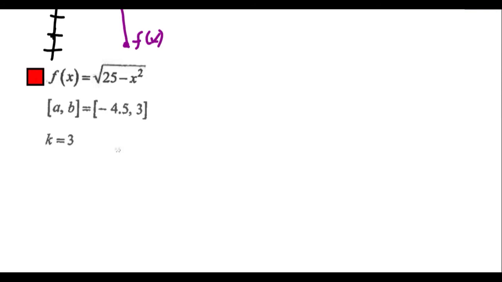You remember how to solve a quadratic inequality? A lot of people forget how to do that.